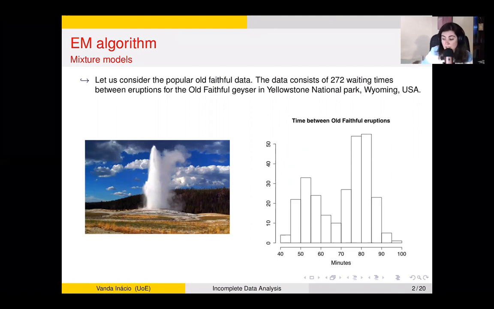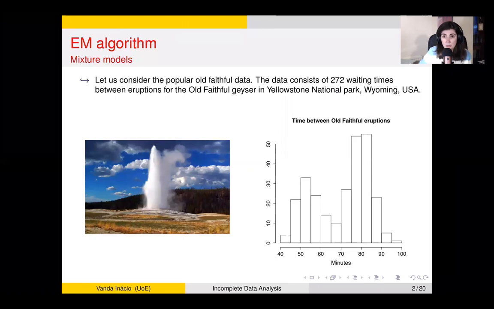And here on the left we have an image from the internet of an eruption from the Old Faithful geyser, and on the right we have the histogram of the waiting times between eruptions, the dataset that we will be analyzing. If we think about a sampling distribution to fit to this data, for instance the normal distribution, it's clearly inappropriate, right?